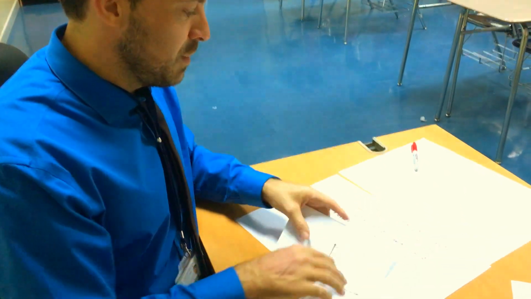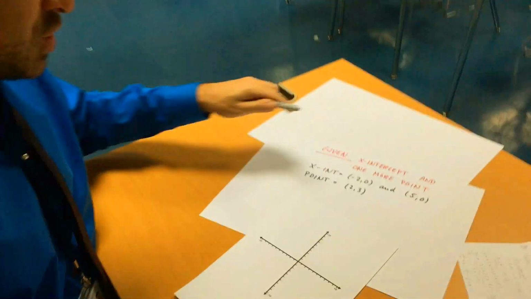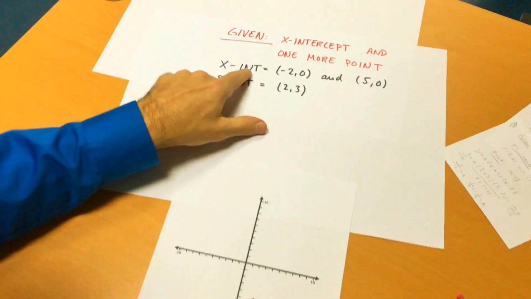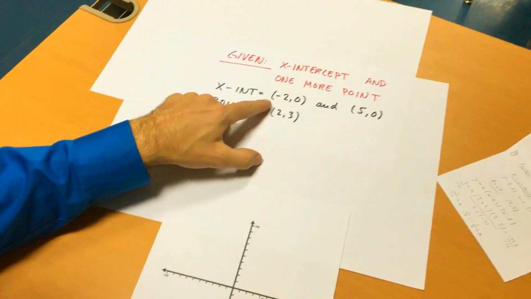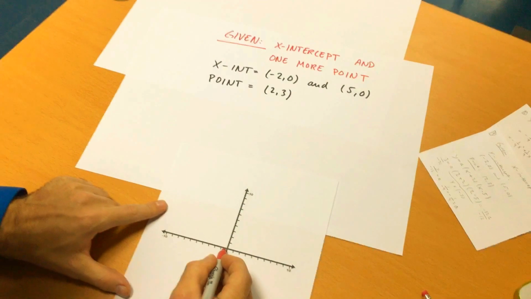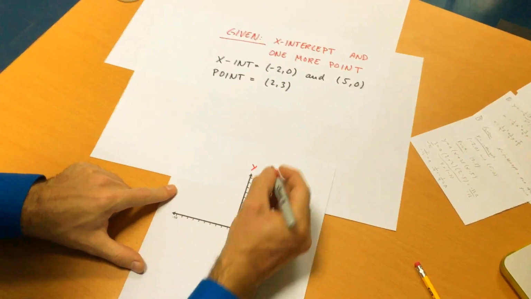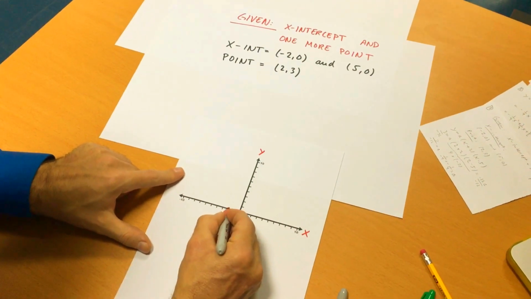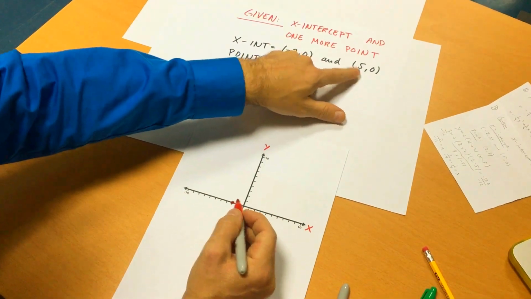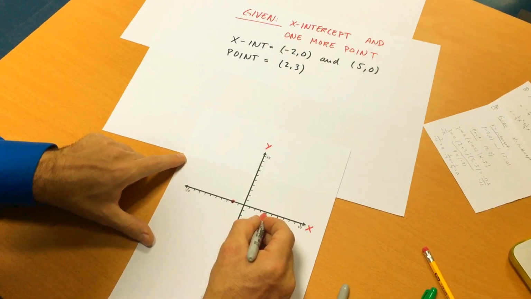First of all, to have a little bit of understanding of what it should be, let's map this out in a coordinate system. I have x-intercept negative 2, 0. So if this is my x and this is my y, negative 2, 0 is here. The other x-intercept, 5, 0, well, 1, 2, 3, 4, 5, that's here.